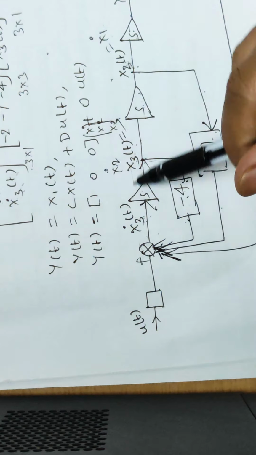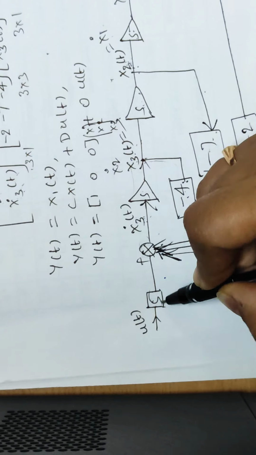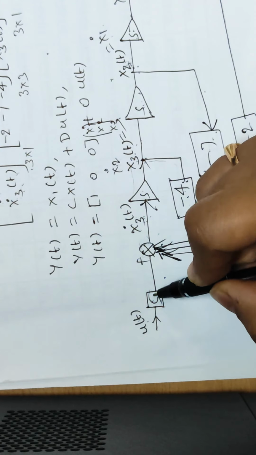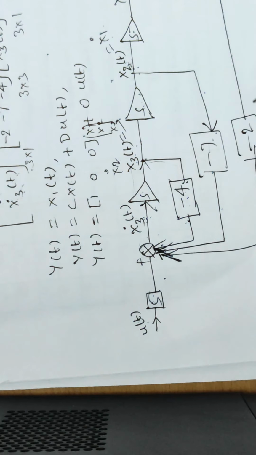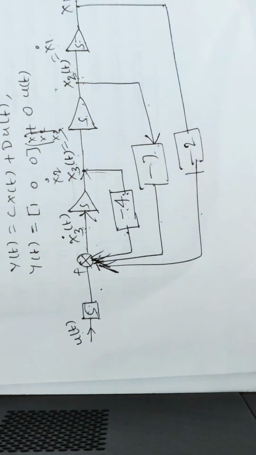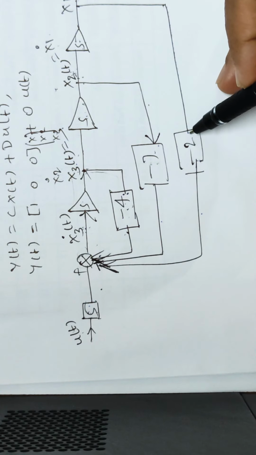See, usually while drawing the block diagram, input should be first. So 5 into u of t, plus all of it, gives the x3 dot. Whatever problem they give, you have to draw the same block diagram, same type of equation, same matrix, only these inside values change.